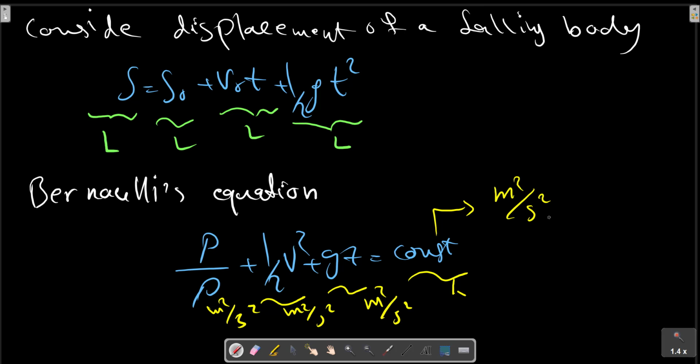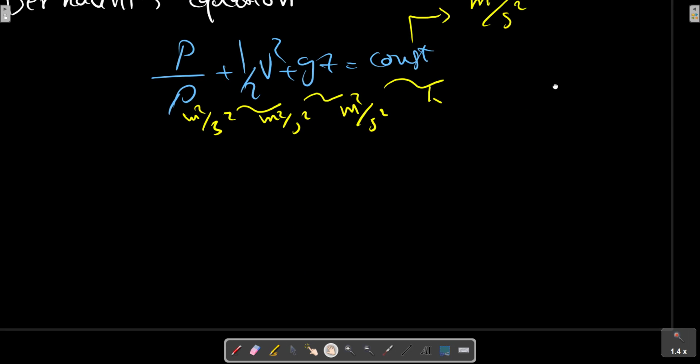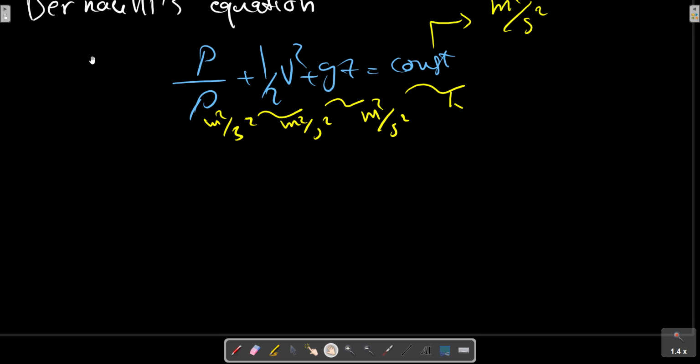Students count on dimensional homogeneity and use it to check themselves when they cannot quite remember an equation during an exam. For example, consider whether this equation is dimensionally true or false.